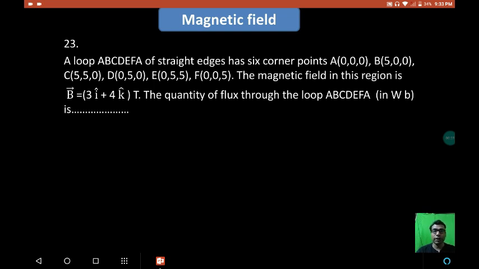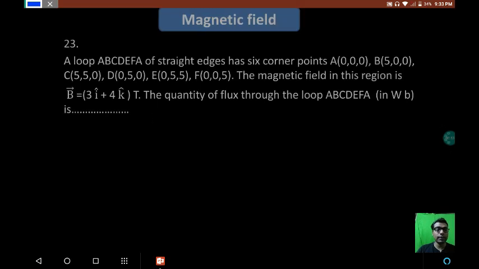So we can see that the magnetic field is in the X direction and the Z direction. In the j direction, that is the Y direction, the magnetic field is 0. So we have to find the flux through that particular region only from the X and the K.